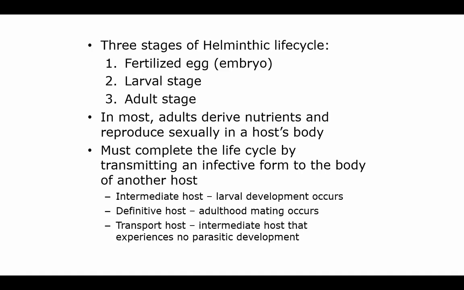The intermediate host is where the larva develops. The definitive host is where the adults mate. And the transport host isn't really going to end up with the parasite. They're just a way to get it from the intermediate to the definitive host.